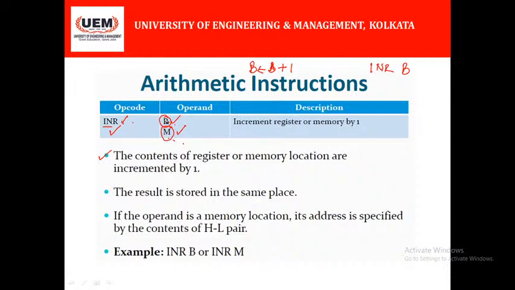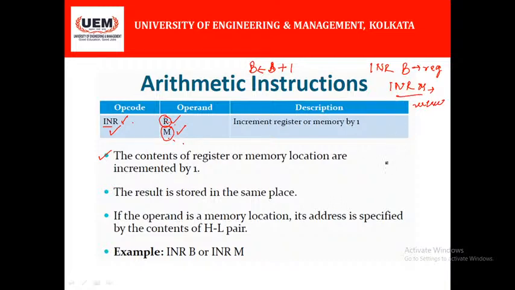In INR R, your source data is stored in a register, so it is in register addressing mode. So INR B is in register addressing mode and INR M is in memory addressing mode.